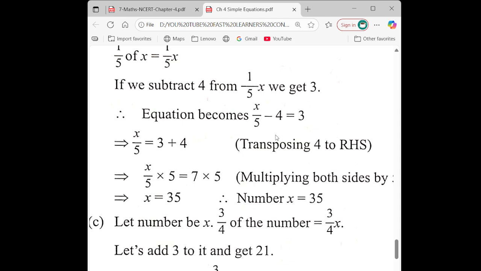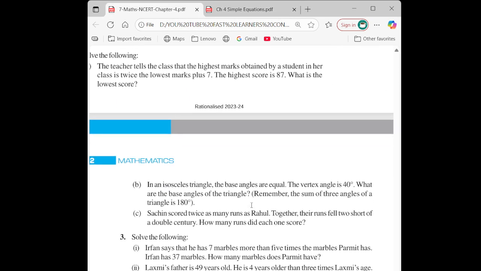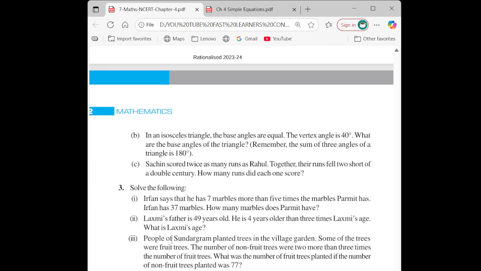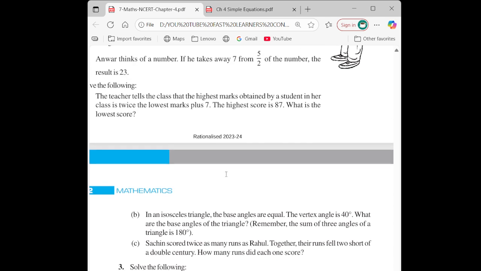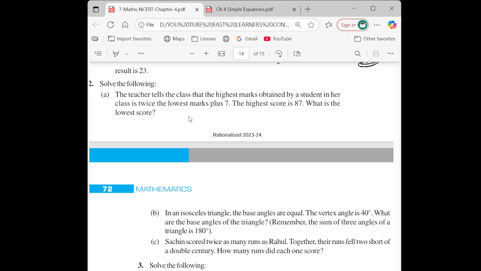So same method as exercise 3.2 you have to follow and find out the answer. And the whole exercise, these equations we have already formed in the previous exercise, but here you also have to find out the answers. So just see what is given in the solution and do this.